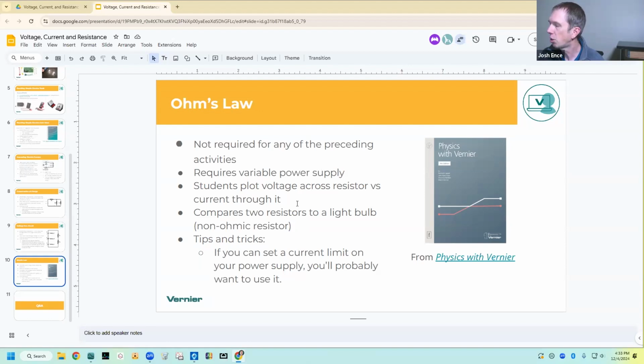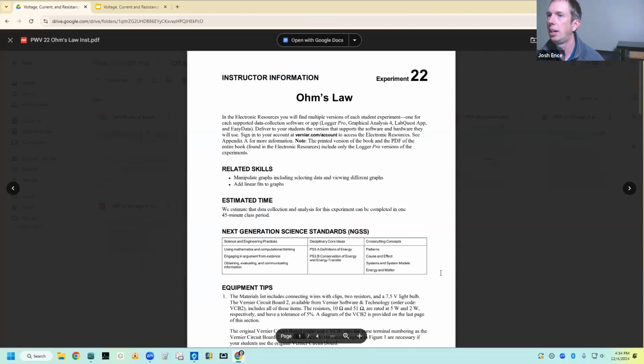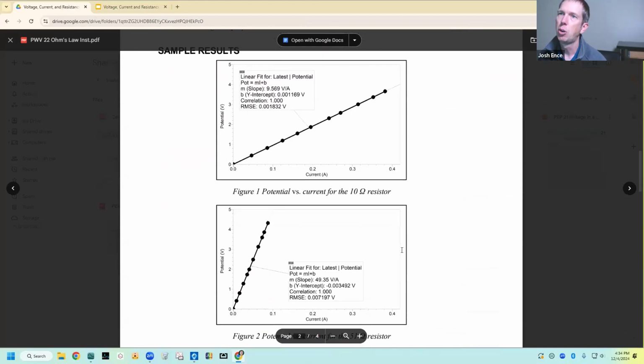And then the students compare it to a light bulb, like the light bulbs that we're using here today. That is interesting because it doesn't follow Ohm's law very well. At very small currents it works fine, but once it starts shining brightly, you end up with a much different result. You can see in the instructor notes for that Ohm's law lesson that the data works out pretty well.